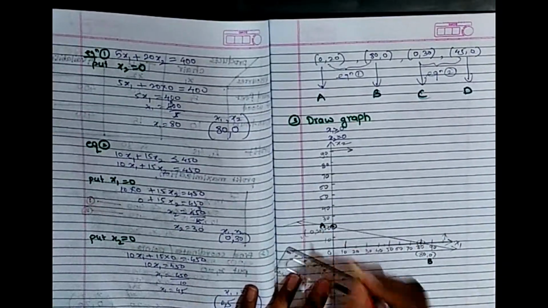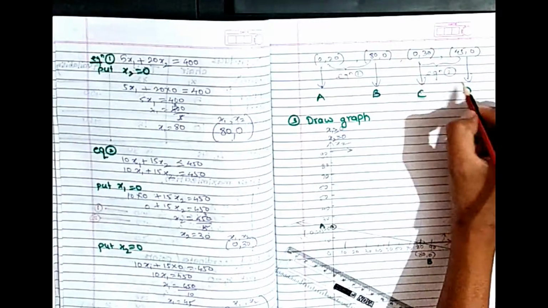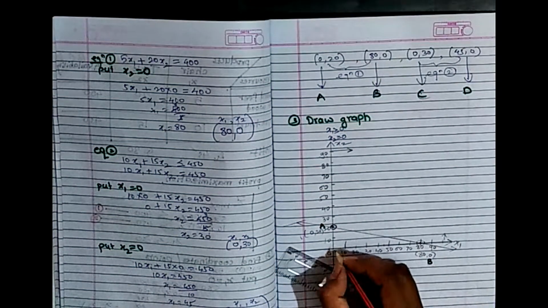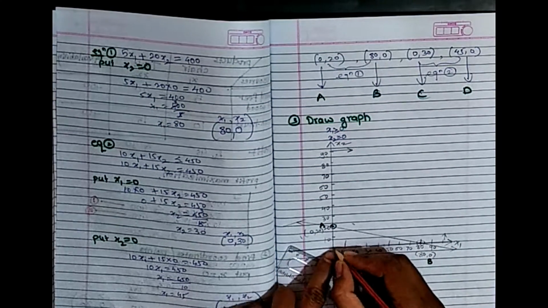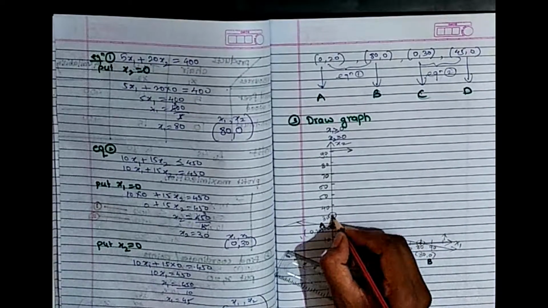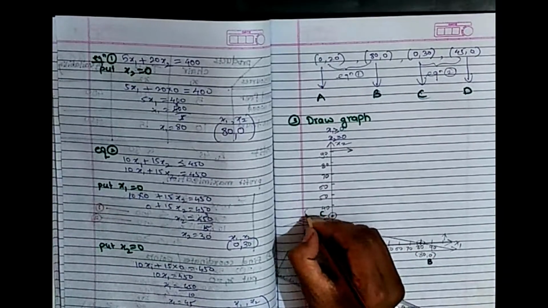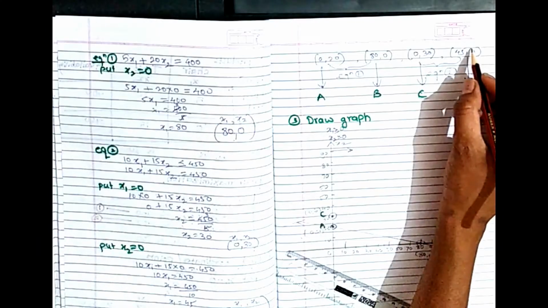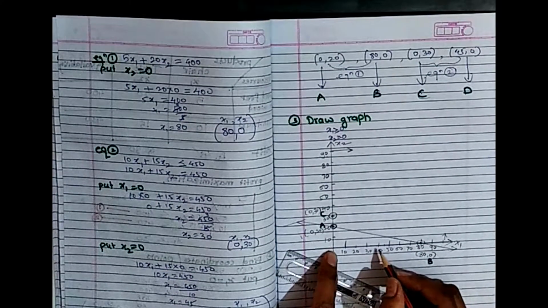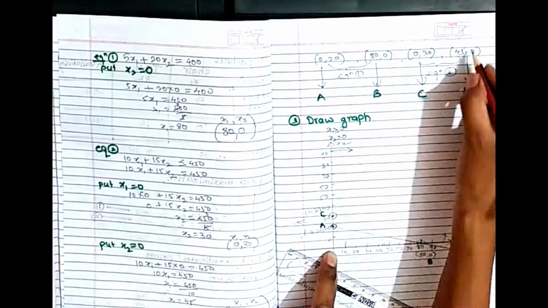We have drawn this line. Now the next equation, that is having 2 points. First point is 0, 30: x1 is 0 and 30 is of x2. So this is our C, 0, 30. And the last point is 45, 0. 45 on x1, so here is our 45, and x2 is 0.